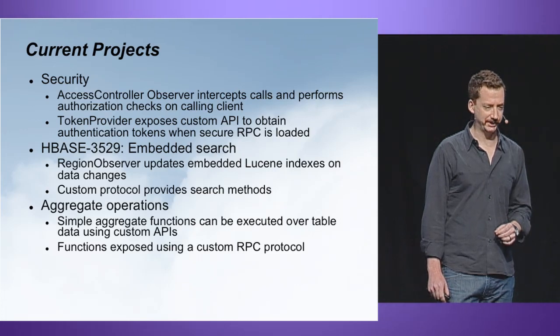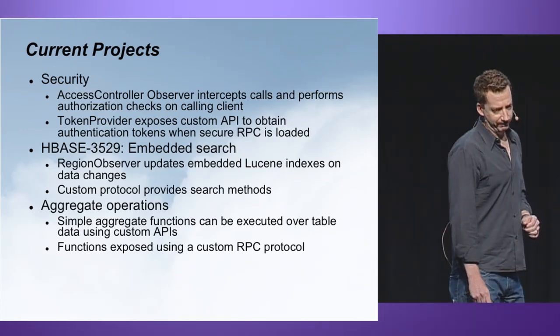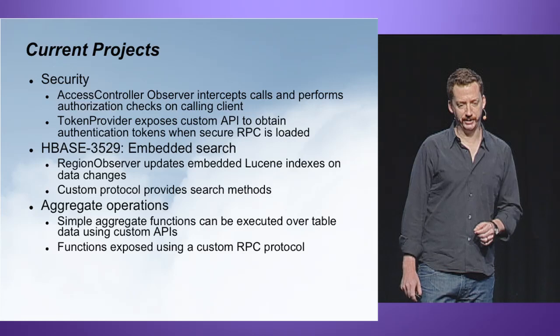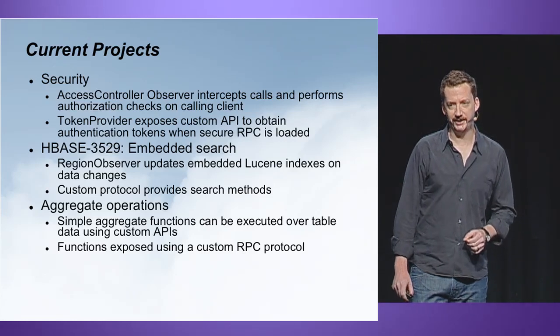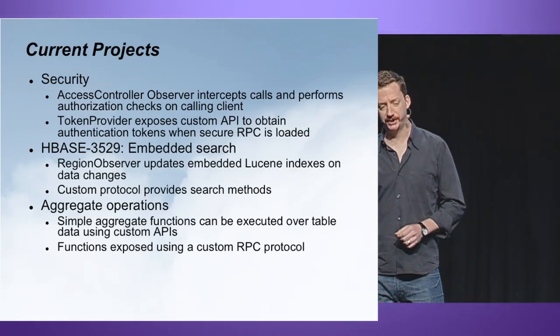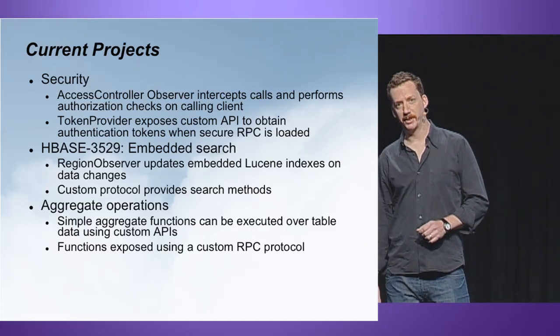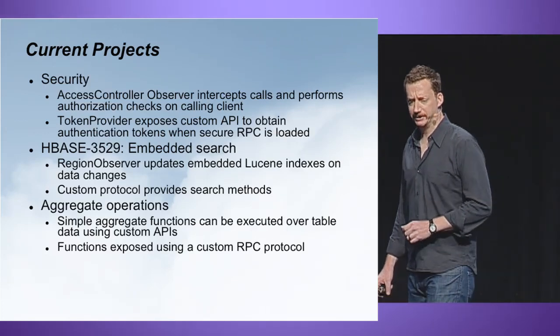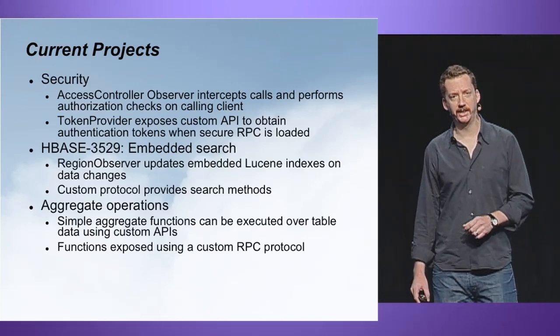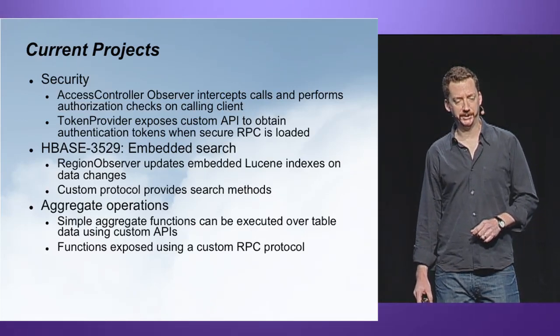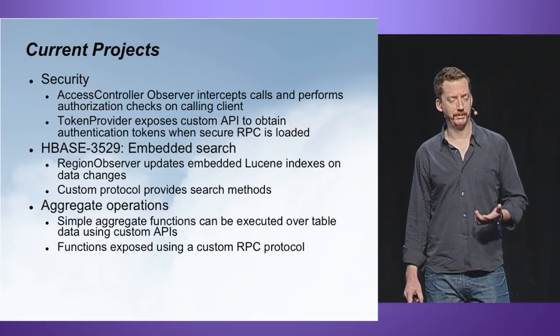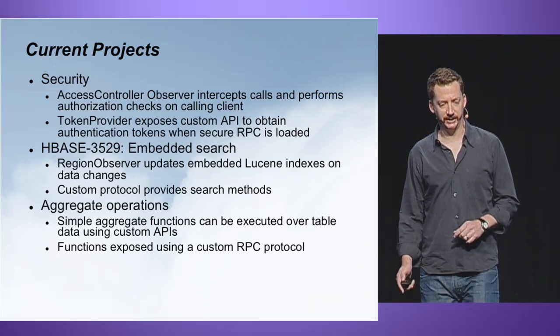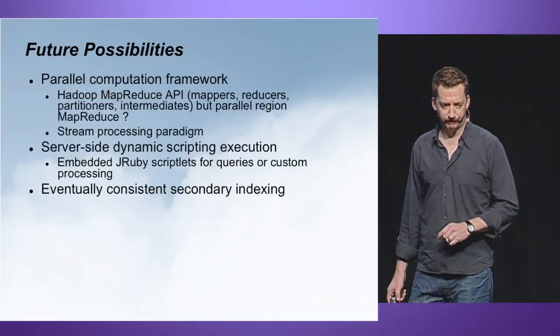It's really interesting stuff going on. That makes use of a region observer to update the embedded indexes as data changes, and it provides a custom protocol for executing searches against it. Finally, we have a set of standard aggregate operations in HBase trunk that allow you to do sums, averages, these things against your existing table data.